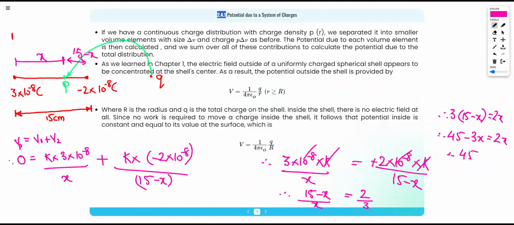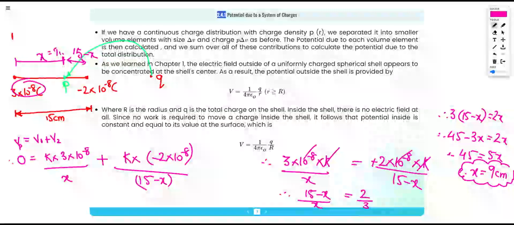Therefore 45 is equal to 5x. Therefore x will be equal to 9. So this charge should be placed at 9 centimeter from this point, and 6 centimeter from the other point.